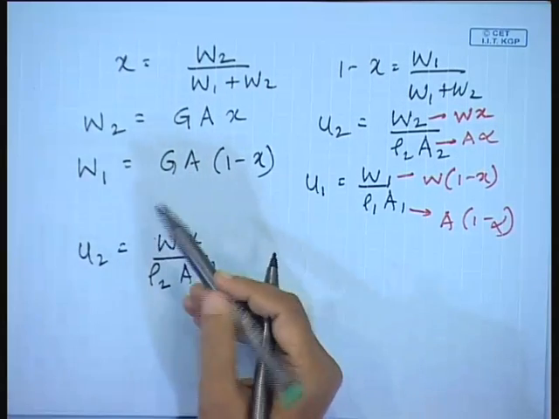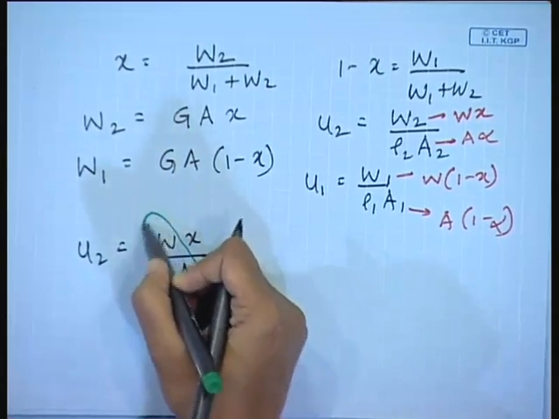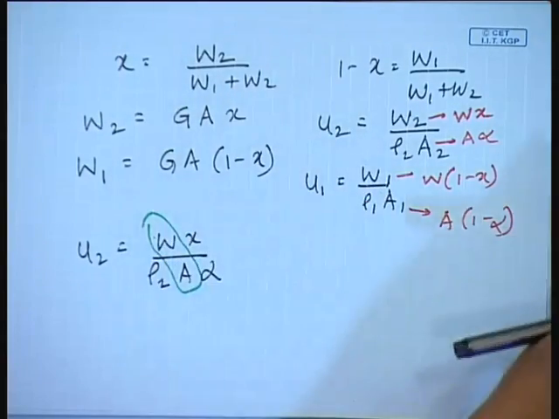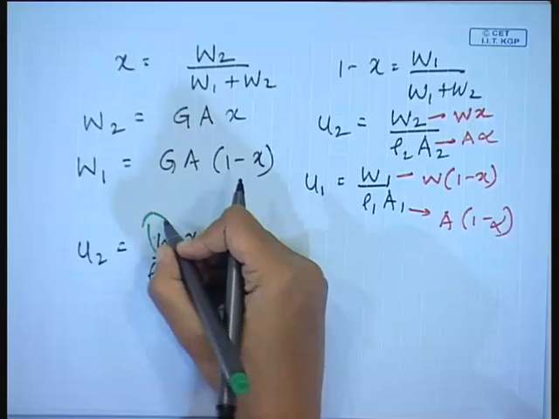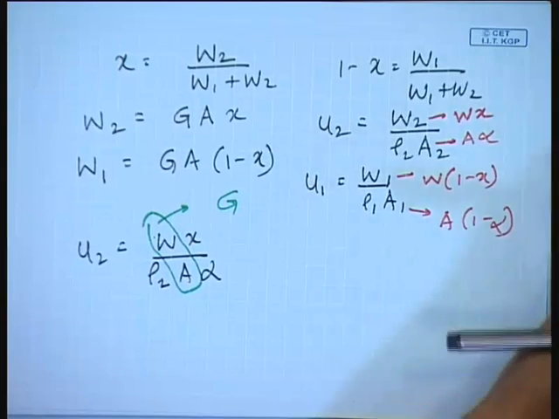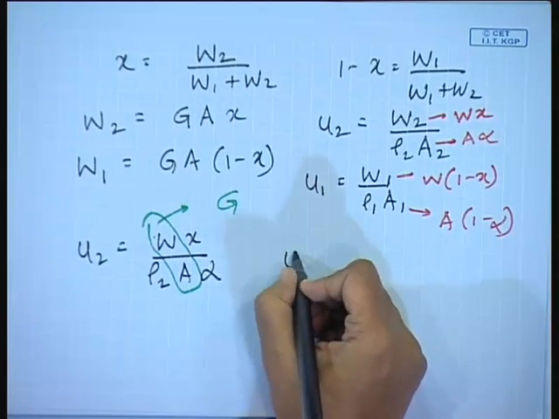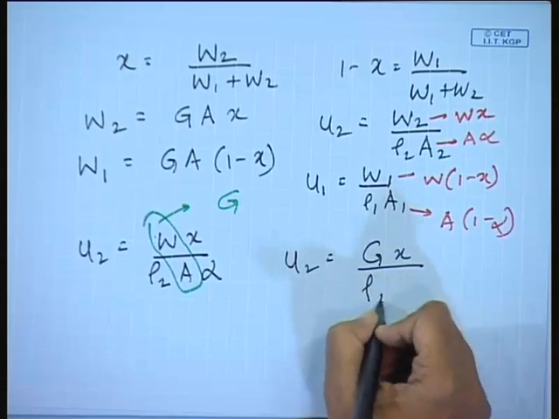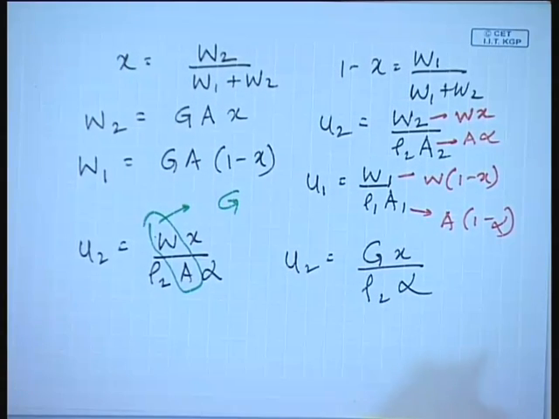What is this W by A term, can you tell me? This is nothing but G. So, this term can be written down as G. Therefore, U2 equals Gx by rho 2 alpha, isn't it?